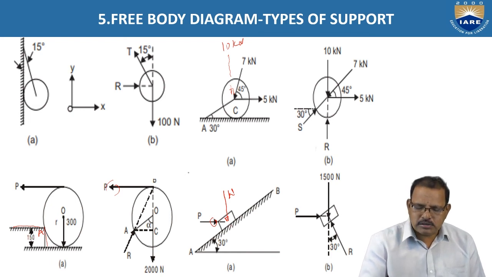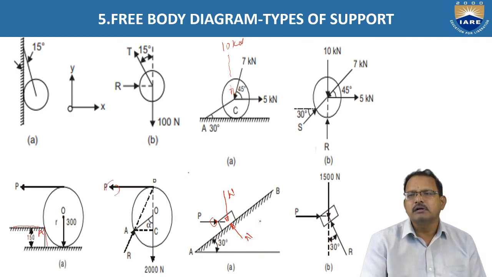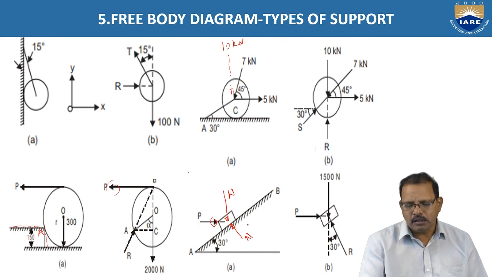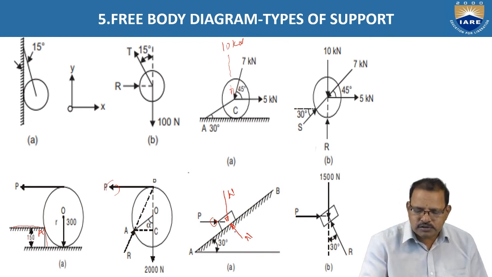And normal reaction, this is nothing but the normal reaction offered by the surface. Since the P force is acting to push the object up the plane, hence friction force is acting in downward direction.